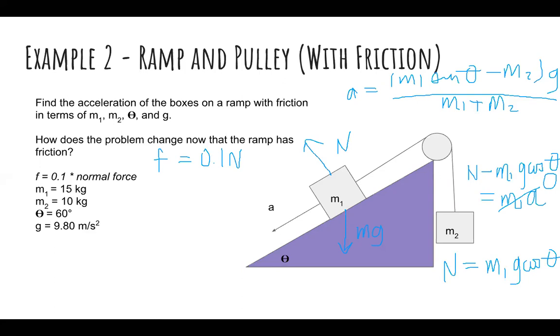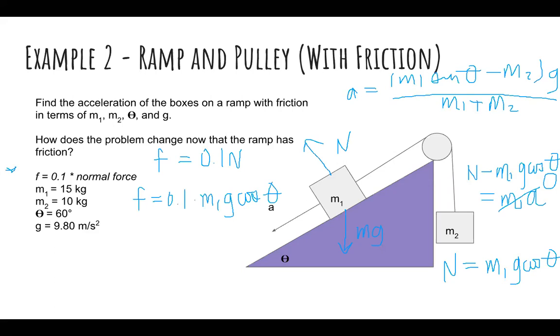Now we can replace that: the frictional force is equal to 0.1 times m1g cosine theta. So going back to our original equation for acceleration, the forces are all on top while the masses are on the bottom. The mass didn't change, so we can leave the bottom alone, but we do need to include our frictional force.